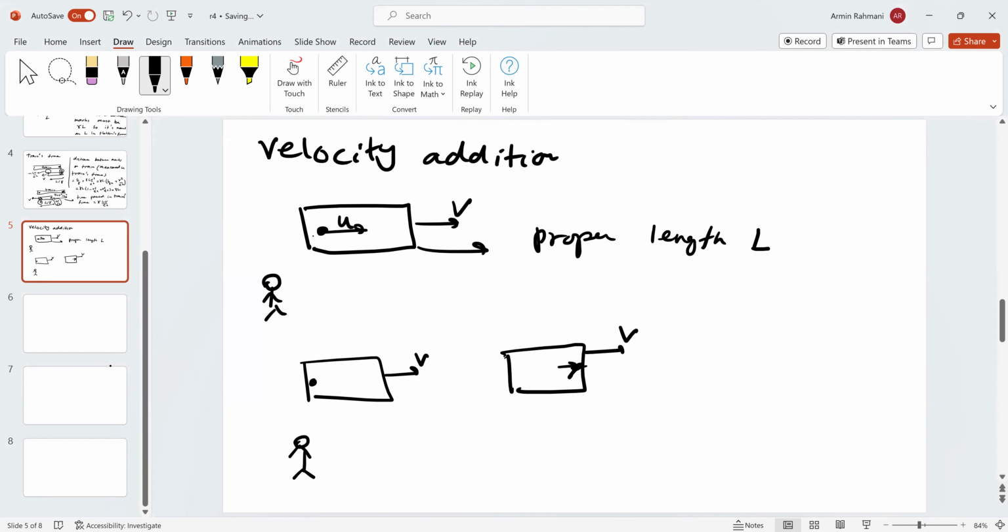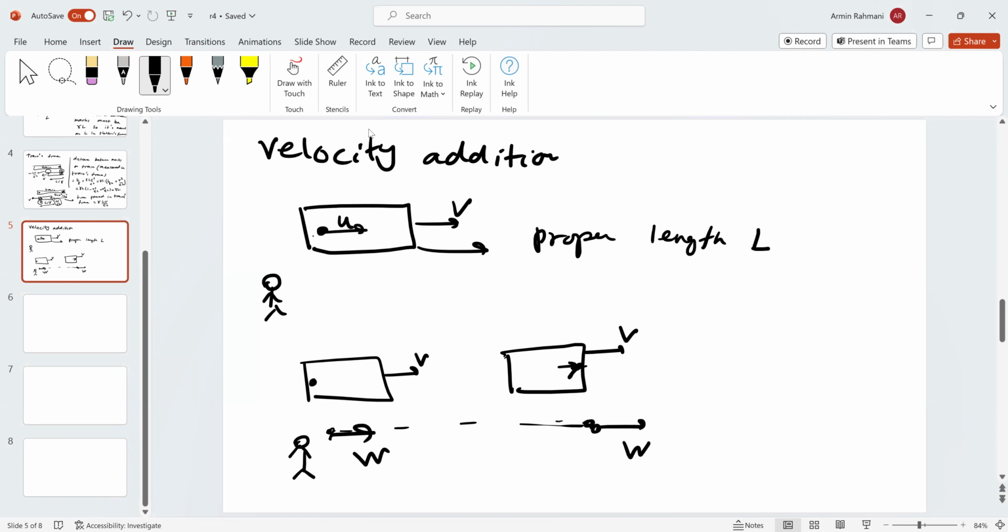So that whole process, this moving from here to there, has happened with some velocity w, according to this observer that's, again, standing outside and not moving.